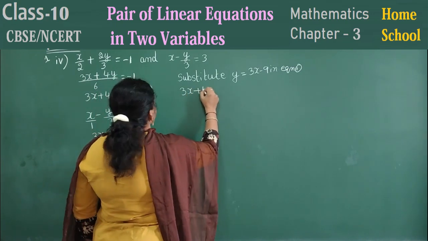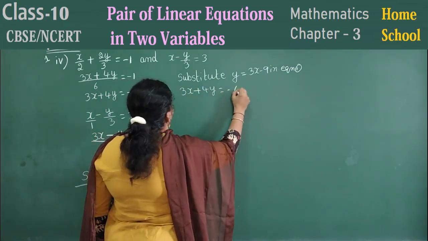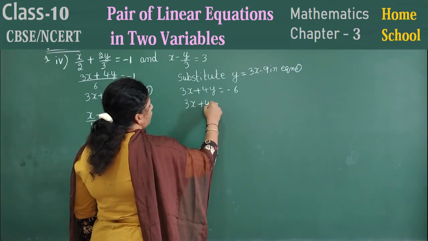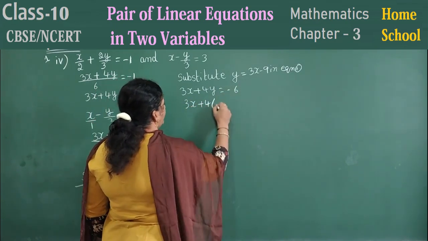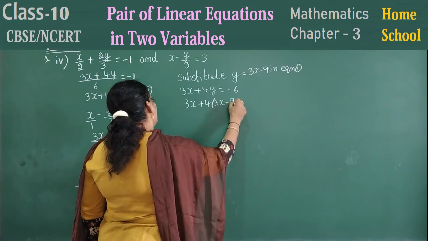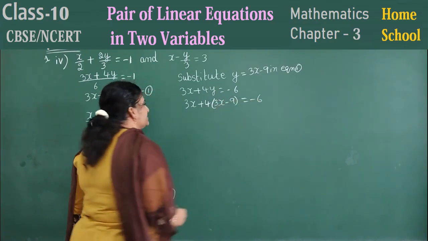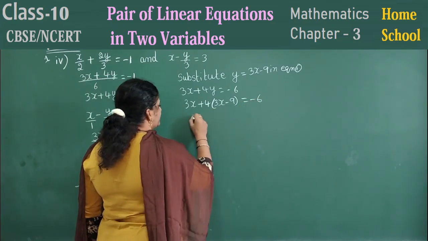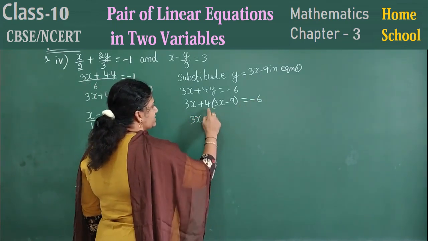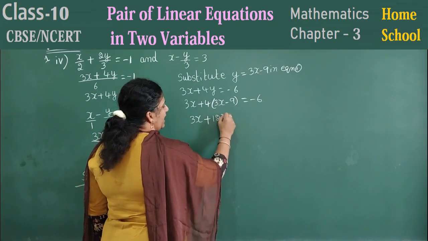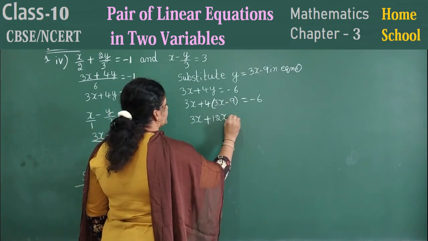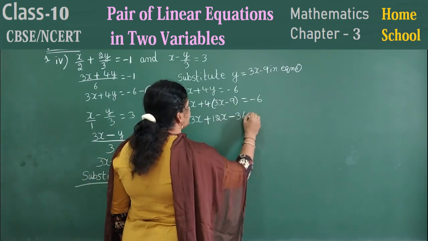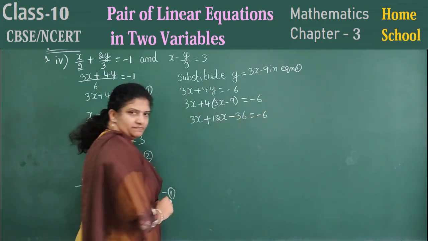Okay, what is your equation 1? 3x + 4y = -6. 3x plus 4 into the y value, right? 3x - 9 is equal to minus 6. Okay, so now remove the brackets. 3x plus 4 3s are 12x, plus into minus, 4 9s are 36, is equal to minus 6.